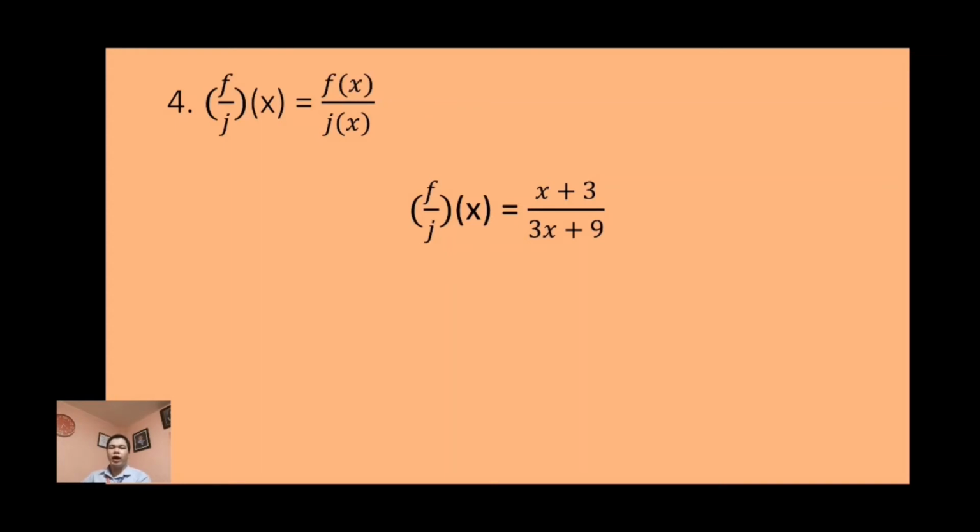So factor out 3 from the equation: x plus 3 divided by 3 times x plus 3. Step 3, simplify by cancellation, or dividing x plus 3 by x plus 3. The answer is the quantity of f divided by j of x is equal to 1/3.